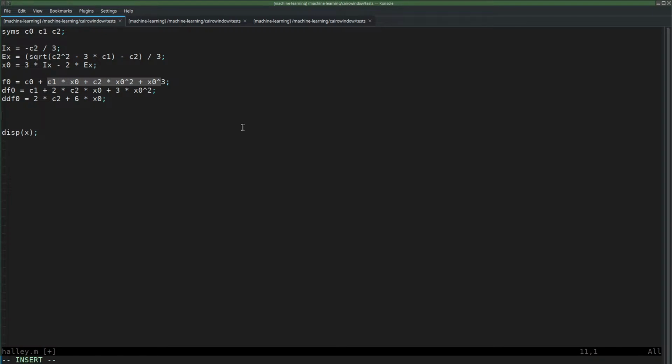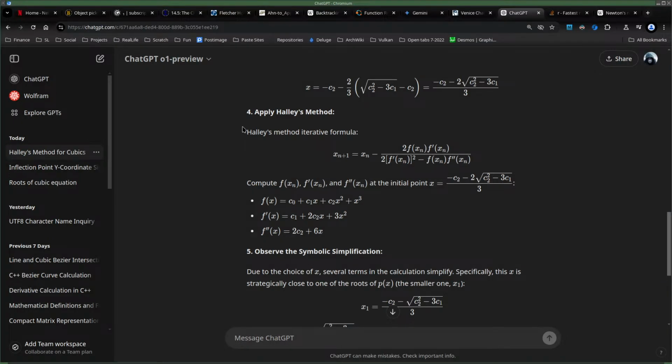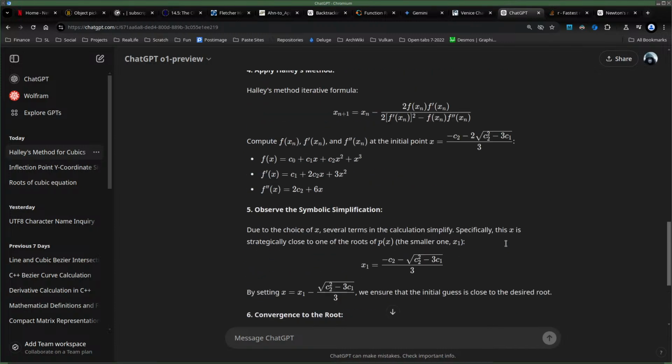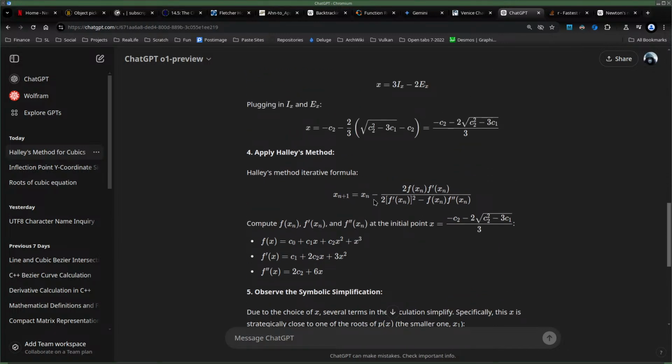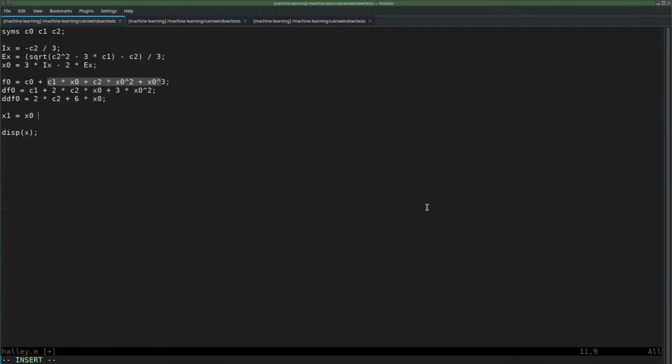And then we can do the next step according to Halley. So x1 is x0 minus that. 2 times f0 times f0 divided by something.